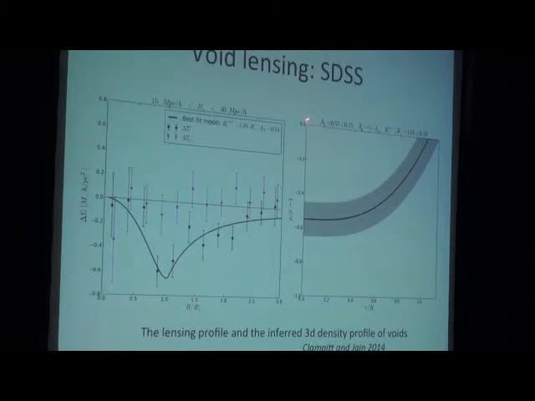shown here, this is cosmic mean density. This is the fractional difference from the cosmic mean, so this would be completely empty, and this is minus 0.6, say. But the density profile in the inner part of the void is very flat, so lensing is quite weak in the inner part of the void. And it peaks.